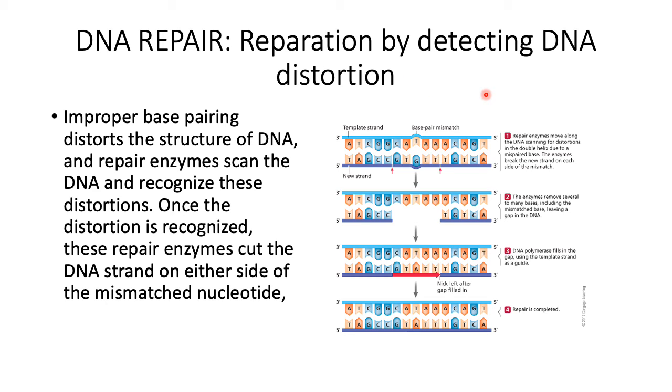And so we know that DNA is like a tightly wound double helix, and any slight distortion in the helix, so, for example, if the curl is a little bit longer or a little bit shorter, there are enzymes that can detect that distortion and basically snip off the part of the DNA that is causing that distortion and basically recruit DNA polymerase to repair the nucleotides that should be there to put it back into its original shape, which I think is really neat that our cells have the ability to do this.